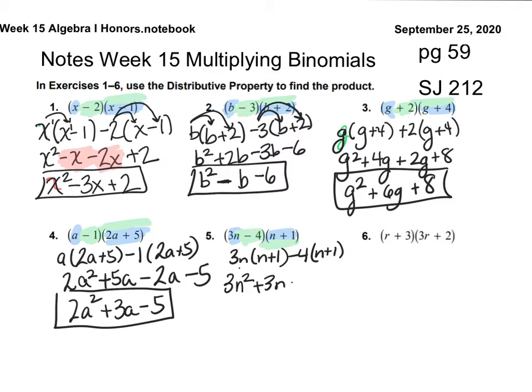Negative 4 times n is negative 4n. Negative 4 times 1 is negative 4. Combine like terms. 3n squared does not have a like term. 3n minus 4n is negative 1n, and minus 4 does not have a like term.